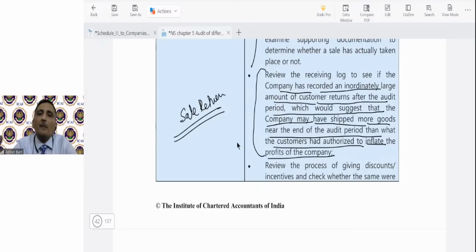So they may inflate the sales, and after closure of year, say in the first week of April or in first fortnight of April, sales returns are booked. So in one period, sales look to be higher, okay, but these are offset by sales return, okay.